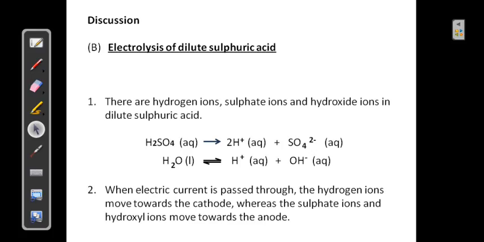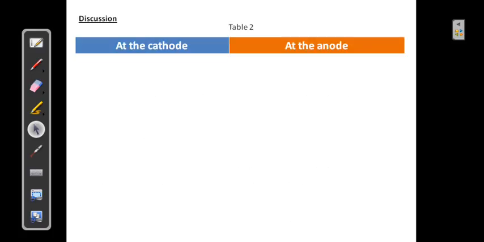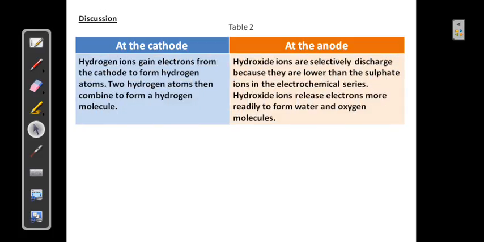So what happens? So at the cathode and at the anode, let's see. Hydrogen ions gain electrons from the cathode to form a hydrogen atom. Then two hydrogen atoms bind together to form a hydrogen molecule, and they just become gas and are released. So they are discharged.